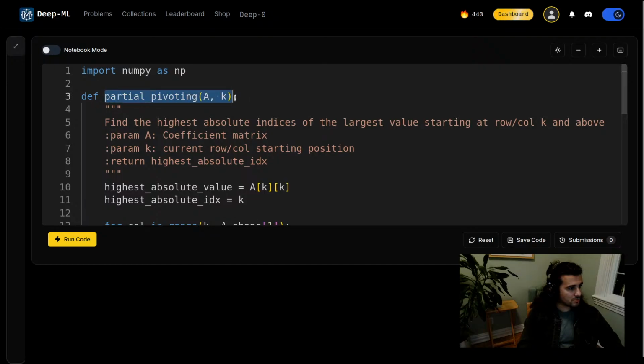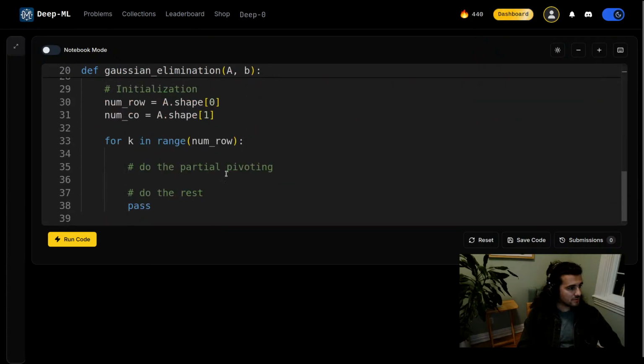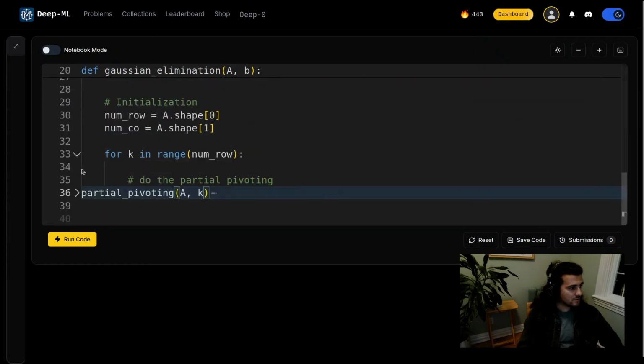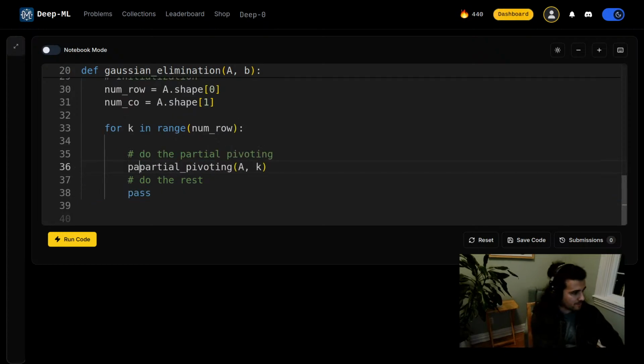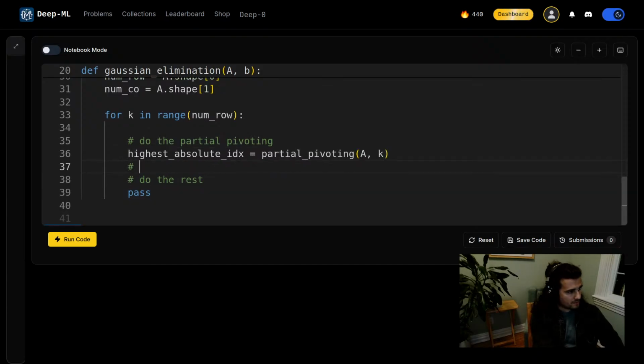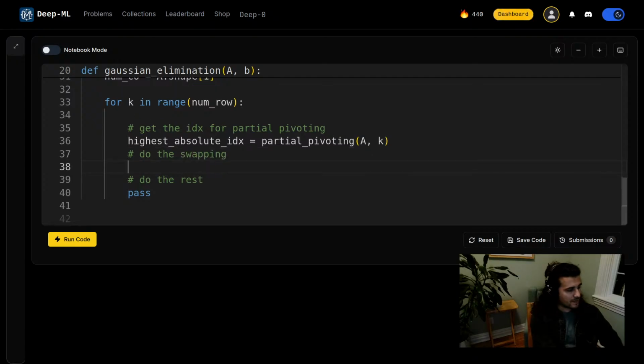So I'm gonna do the partial pivoting here. Right? Highest absolute IDX. I'm gonna do that, and then I'm gonna do swapping. So get the IDX for the swapping.